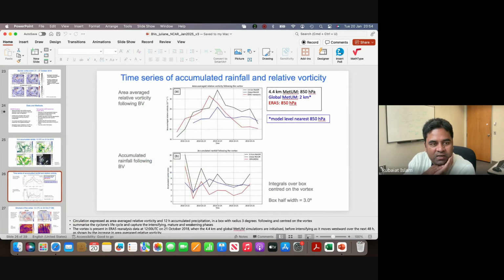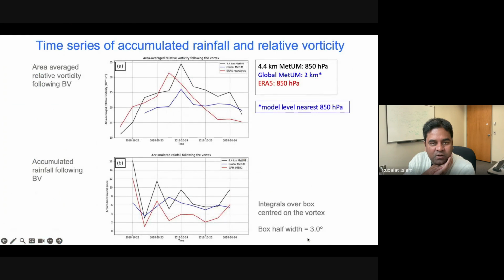I was wondering if you, or any of your colleagues, were able to do a global, let's say 2 kilometer or 1 kilometer, convective-scale simulation without the convective parameterization, and how comparable or different they are when compared with the same resolution of the regional Met Office model?